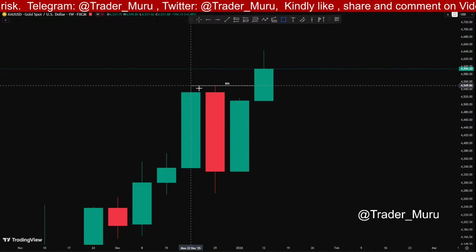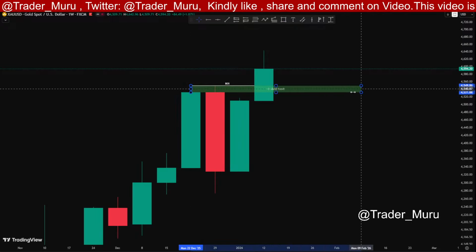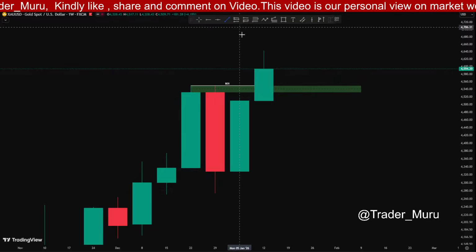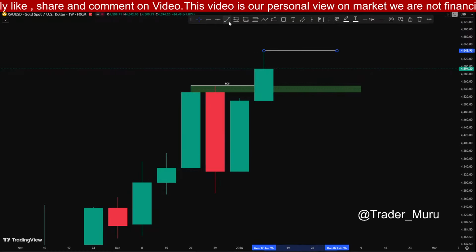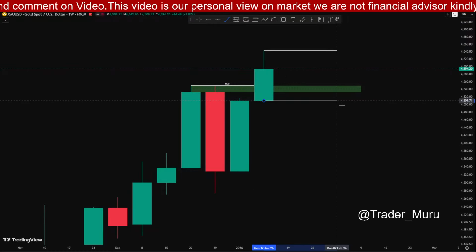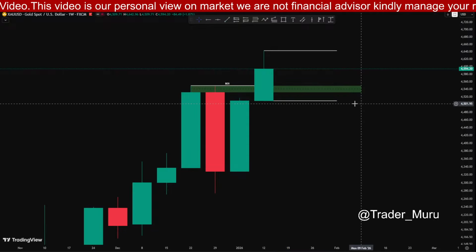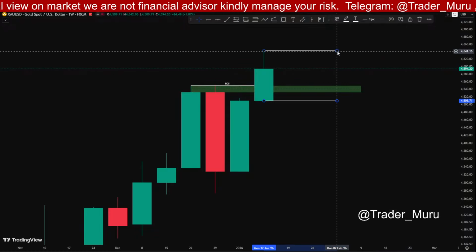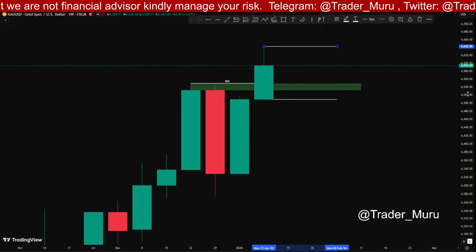After the breakout structure, most of the time price just retests this zone and continues, and now this is our new range around 4509 to 4642.